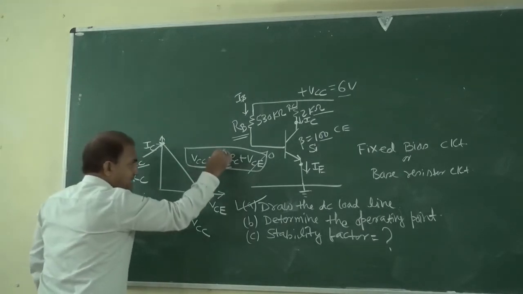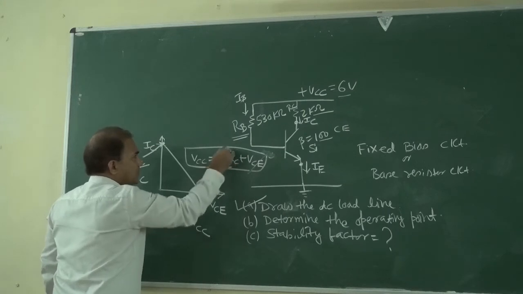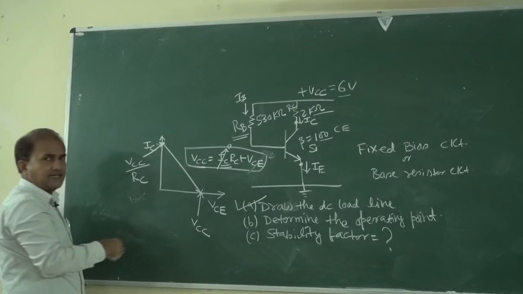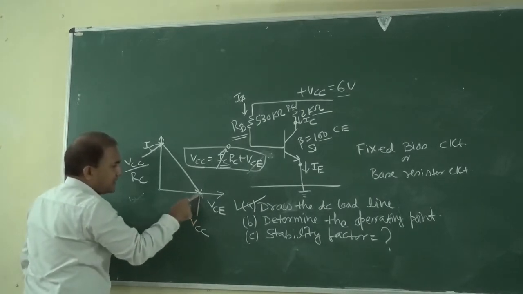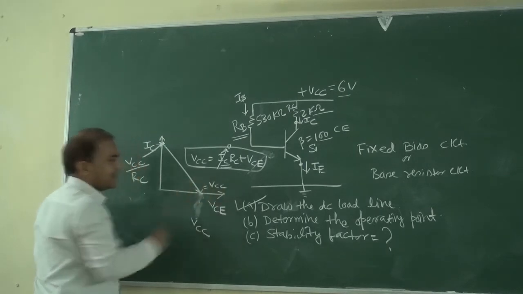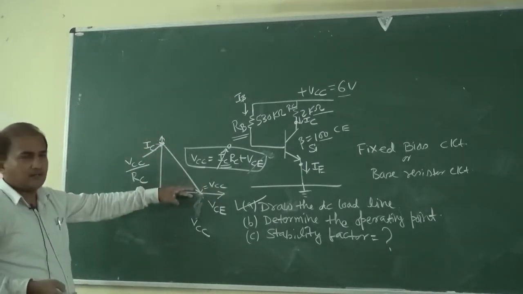Now if IC is equal to 0, then VCE is equal to VCC. So this point is equal to VCC. Now we have to join these two points.